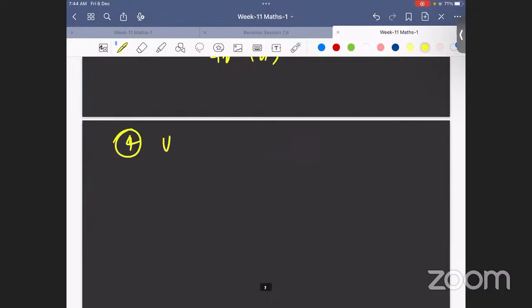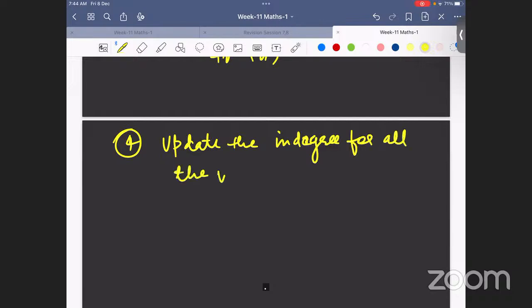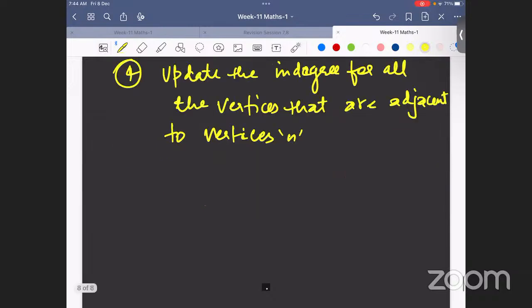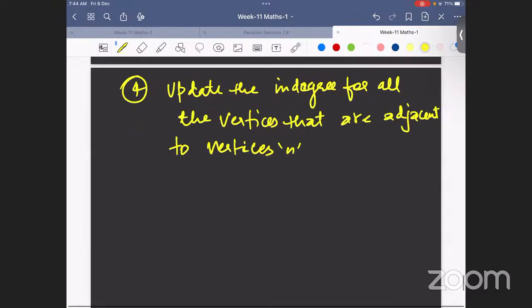So you have to update it again for all the vertices that are adjacent to vertex U. And along with updating the value of in degree, you have to update one more thing.